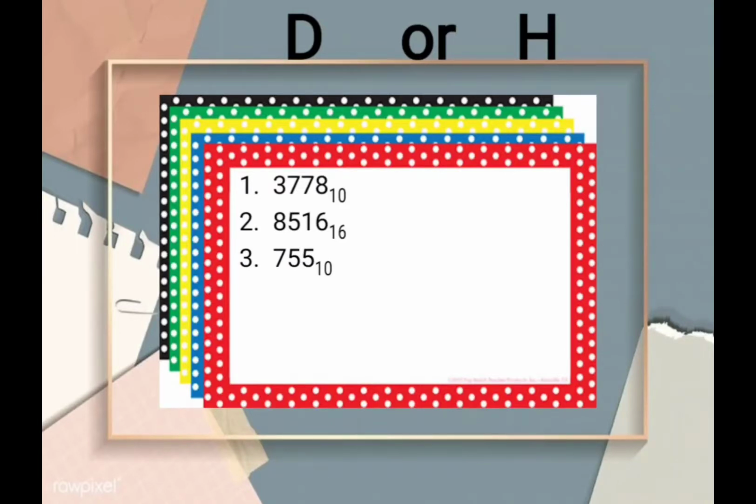Alright, very good, decimal, D. How about number 4? H, very good. How about number 5? D, decimal, very good. The last number? Alright, perfect. Letter H, so hexadecimal.